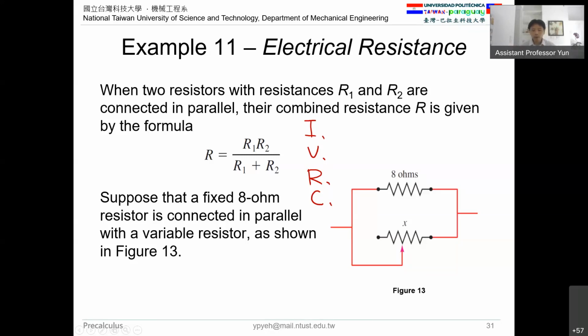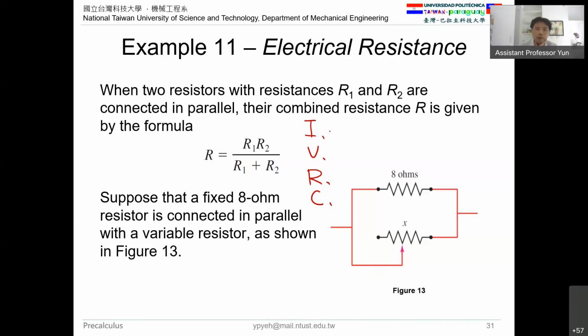Or why the computer can work, because it has a central processing unit, which combines current control, voltage control, resistance control, and capacitor control to control the on and off of the electronic device and to do further calculations, right?